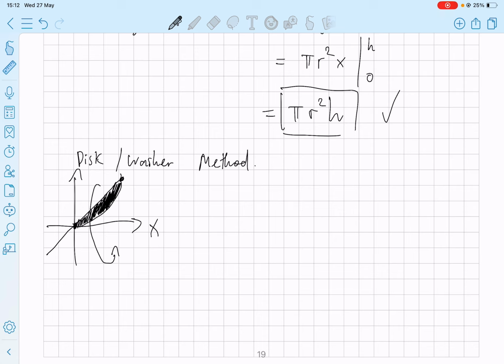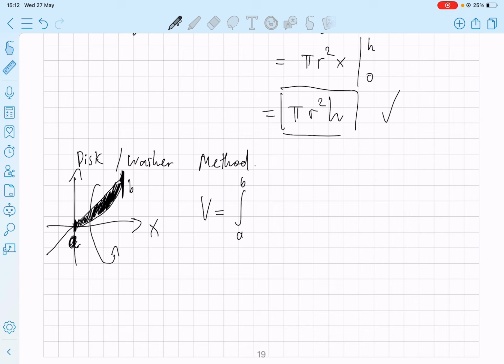So the washer method will help you find the volume in this case, and the formula that you need to know is V equals the integral from a to b. A and b are the interval: a will be at one end of the shape, and b will be at the other end.